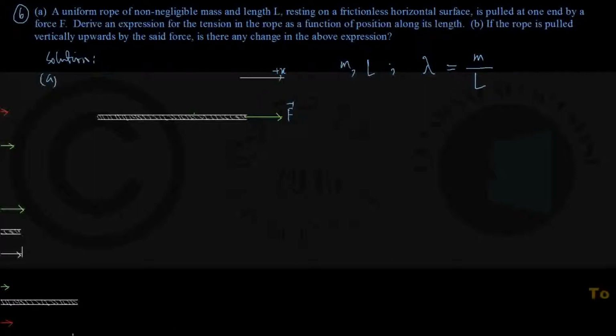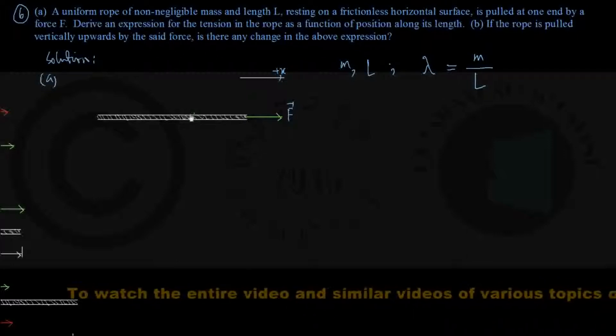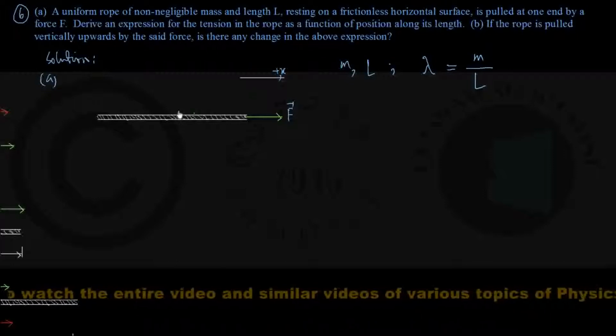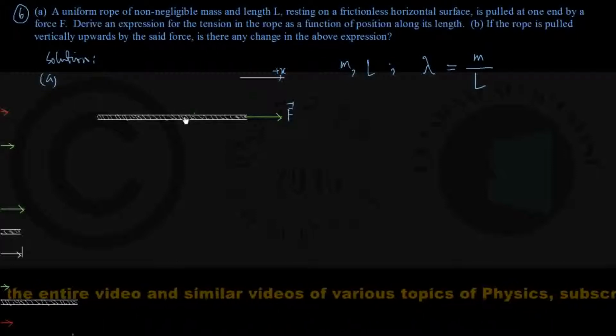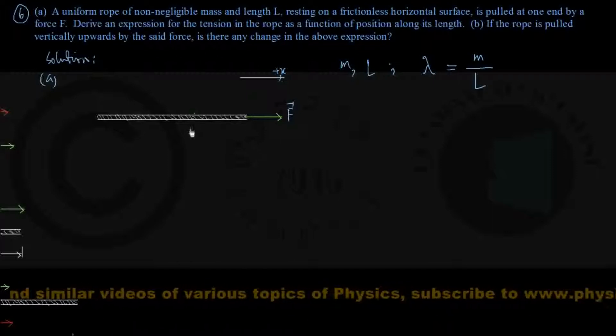Although the rope has a force of gravity mg acting downwards and a normal force upwards from the frictionless surface, we are not showing those vertical forces because the rope has no vertical motion, and we are concerned here about the horizontal motion of the rope. We shall not show those forces in this problem.